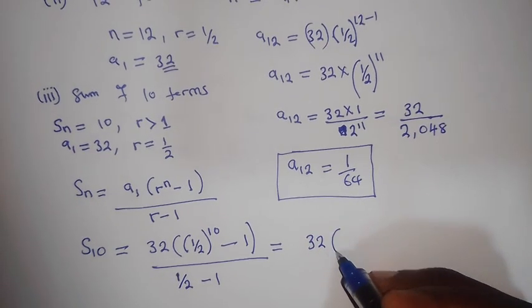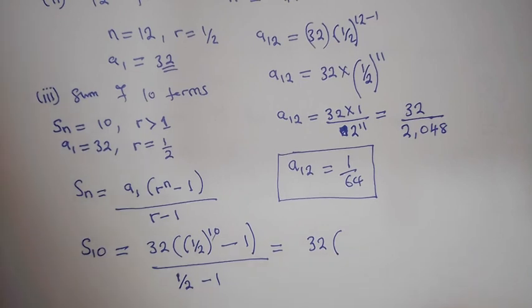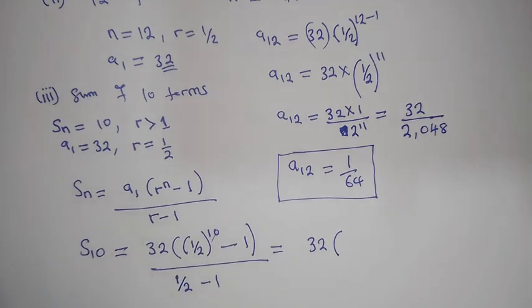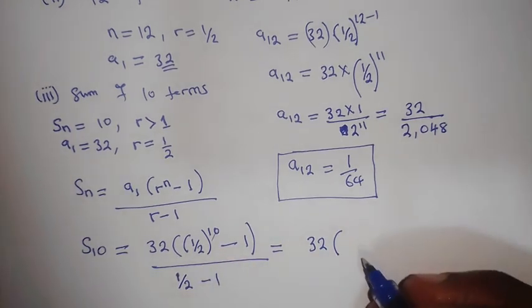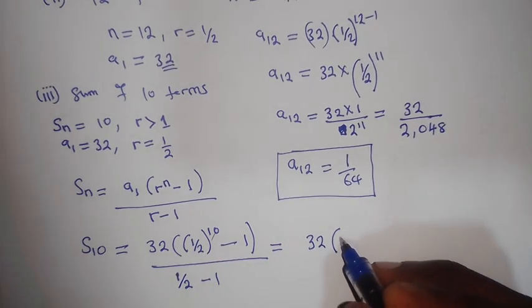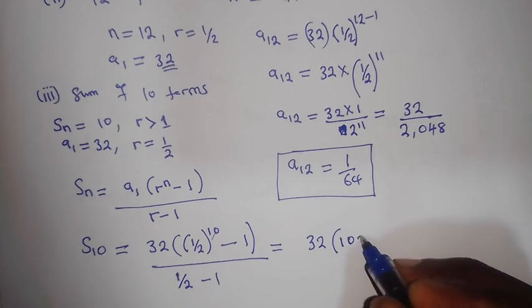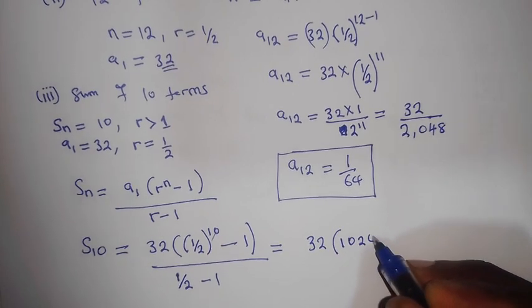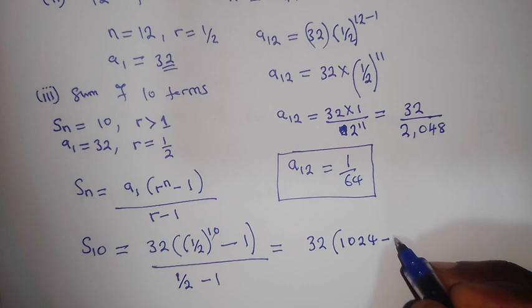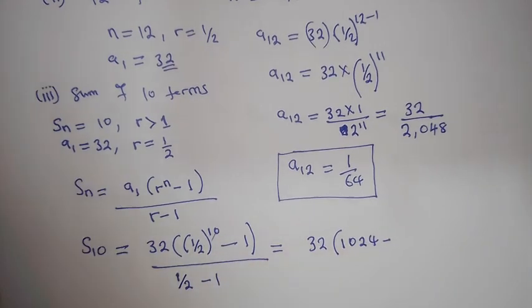So this one is going to evaluate to 32. Once you evaluate inside here, let me get it right.